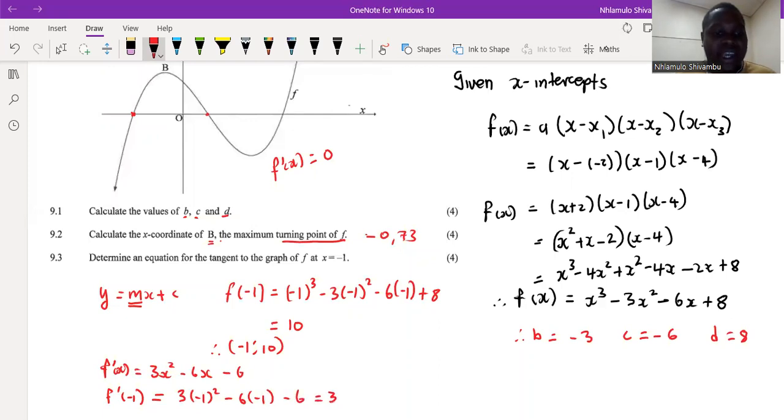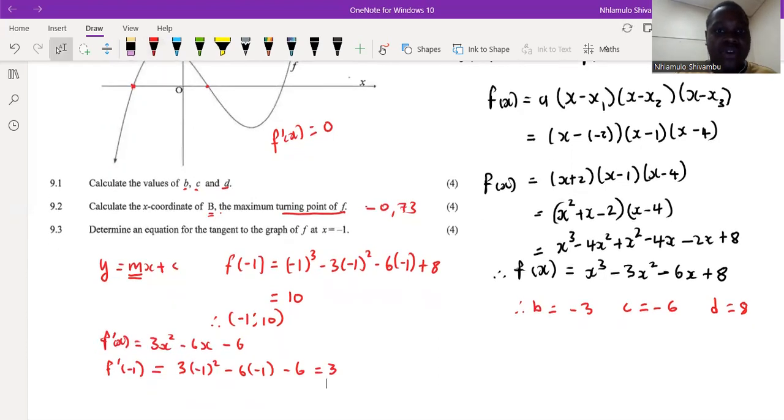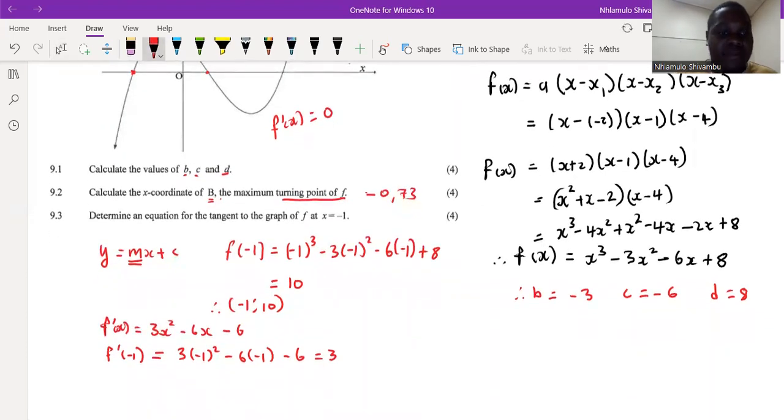So the gradient of the curve at x equals minus 1 is 3. This becomes the gradient of the tangent, because the tangent and the curve at x equals minus 1 have equal gradients. So now you have the gradient of the tangent.